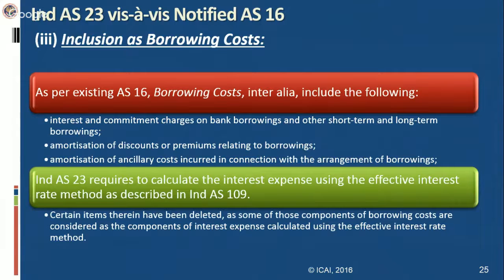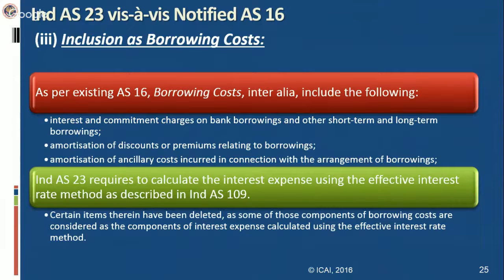Next, amortization of discount or premium relating to borrowings. If the company has issued debentures at a discount, or there is some premium payable on redemption of debentures, you have to amortize it over the term of the debentures.